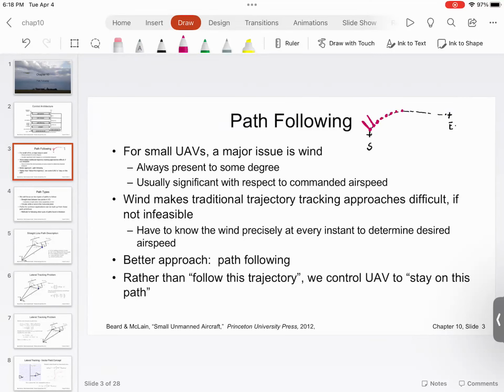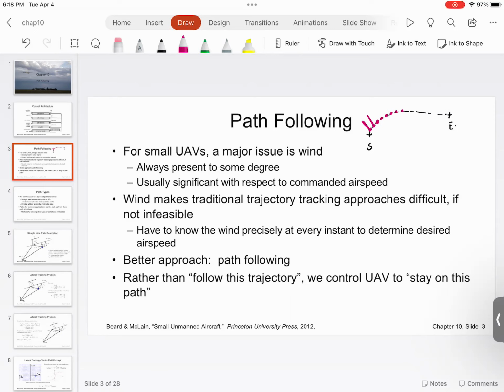Now, please understand, there is a subtle difference. What this is doing is following the path. It is not following the trajectory. What that means is I'm not specifying the amount of time the robot needs to take to go from S to E. What I'm specifying is I want the robot or the UAV to go from S to E, but I'm not specifying the amount of time that the robot needs to take.